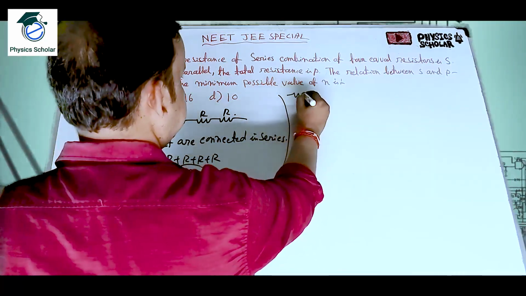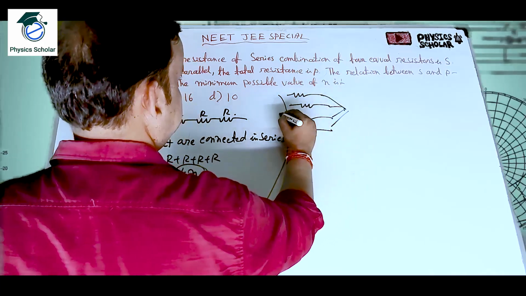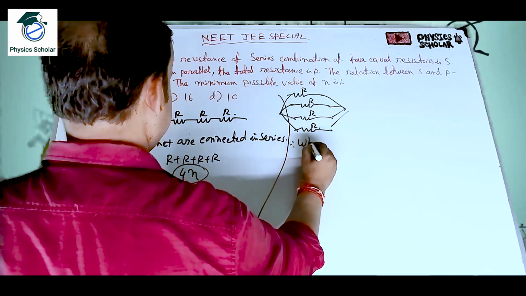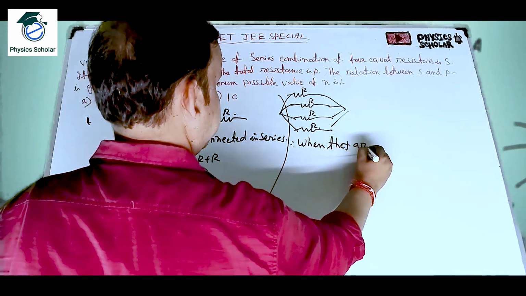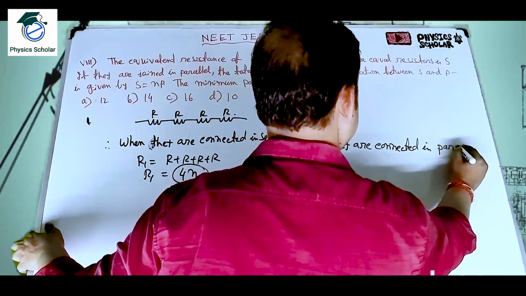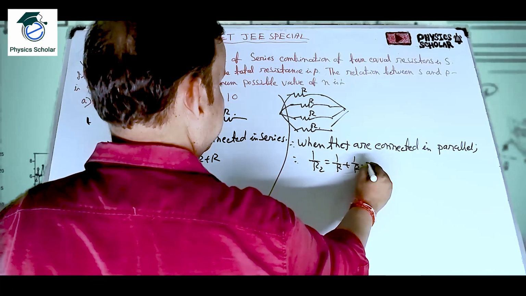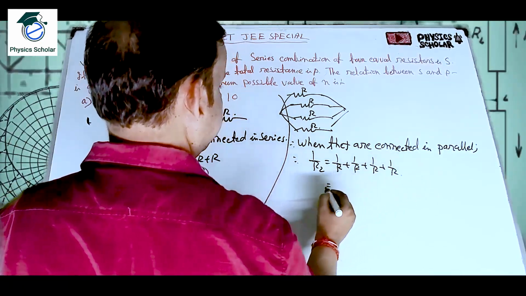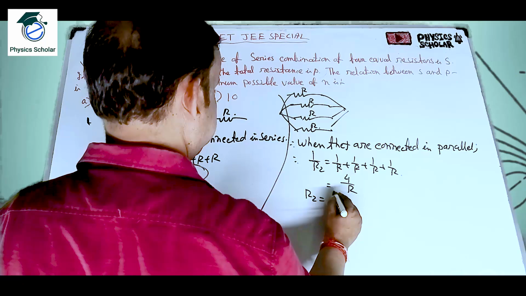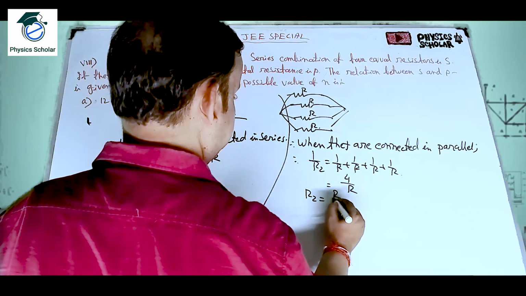Now when they are connected in parallel, then the equivalent resistance: 1 by R2 is equal to 1 by R plus 1 by R plus 1 by R plus 1 by R, which is equal to 4 by R. So R2 is equal to R by 4.